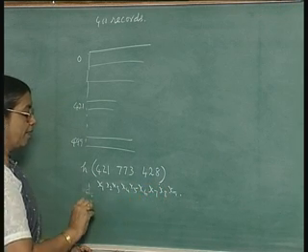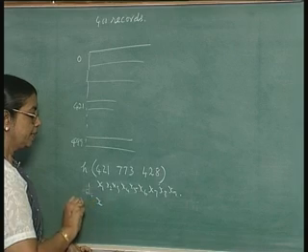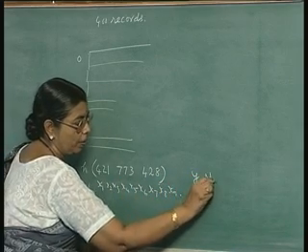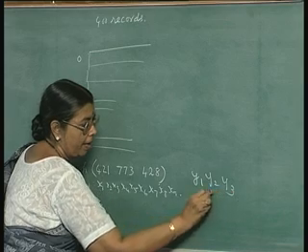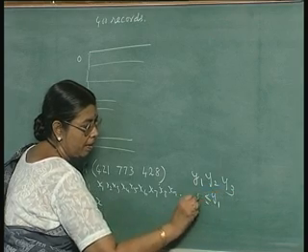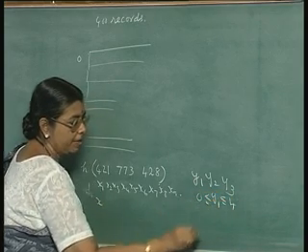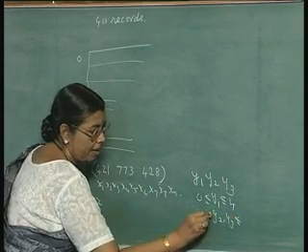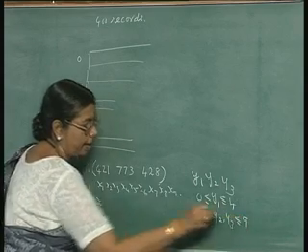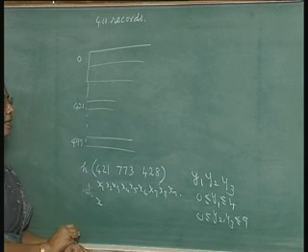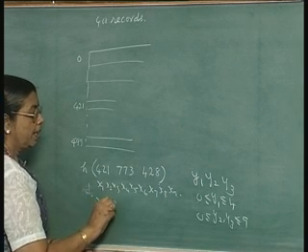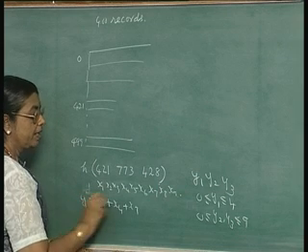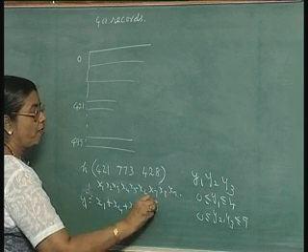Then you may define like this. This has to be reduced to a number y1, y2, y3, where y1 will be between 0 and 4, y2 and y3 can be between 0 and 9. So, you can define y1 as x1 plus x4 plus x7 mod 5.